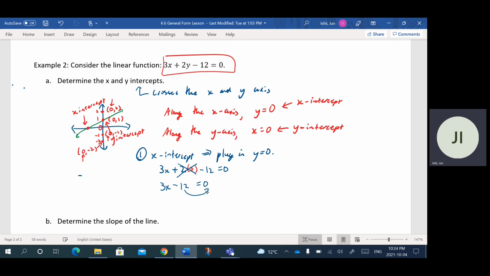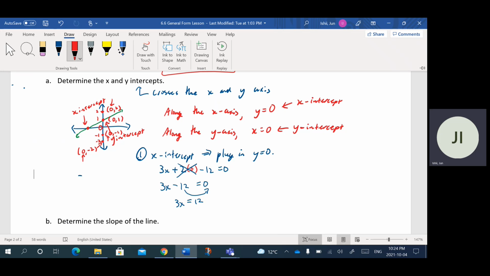So to solve for x, we're going to move the negative 12 to this side. 3x equals positive 12.